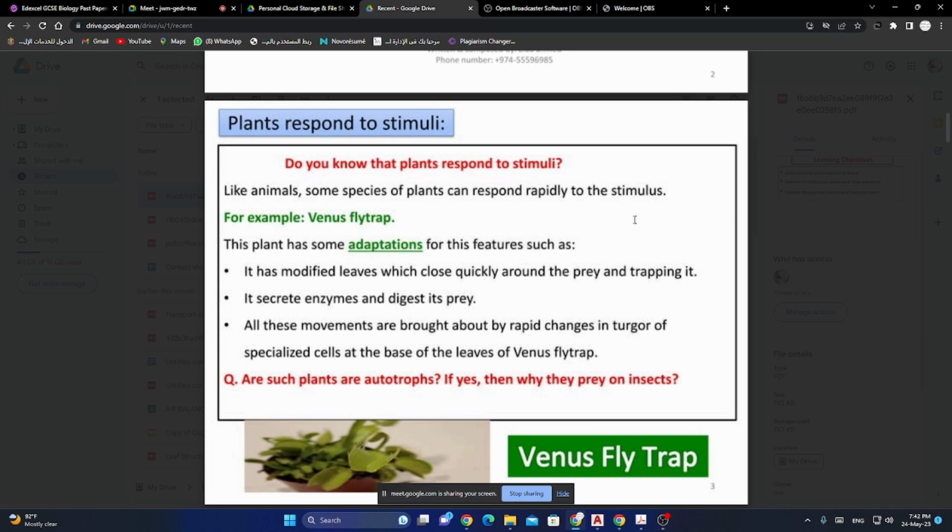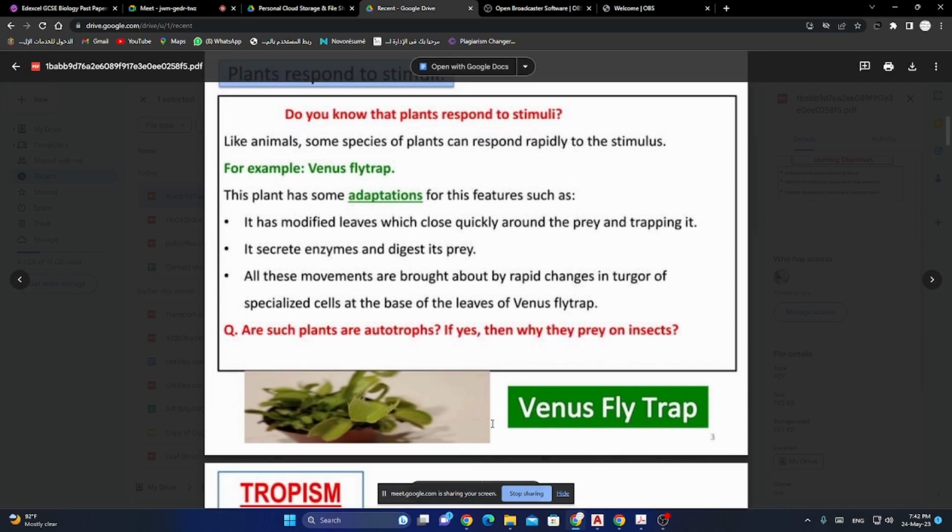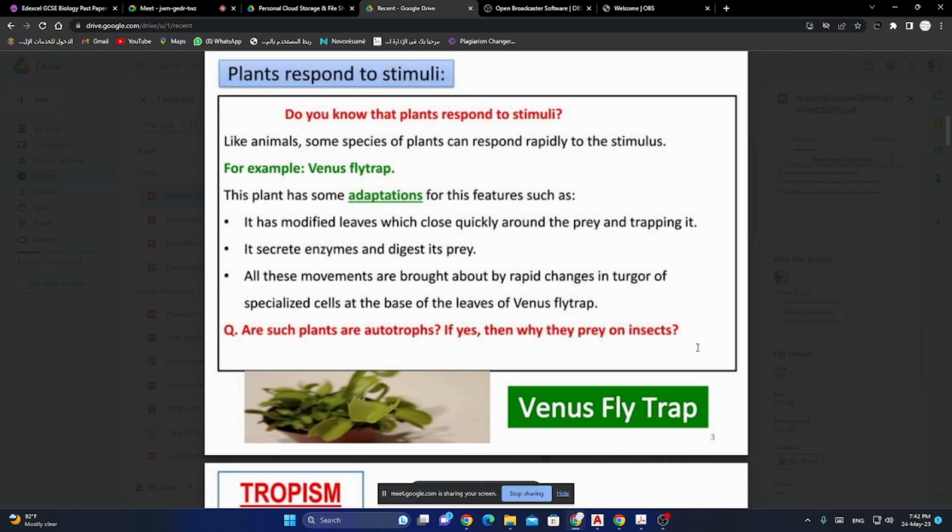stimuli. So an example of that is the Venus flytrap. Did you ever see how it works, how it closes on an insect when it touches the trap?